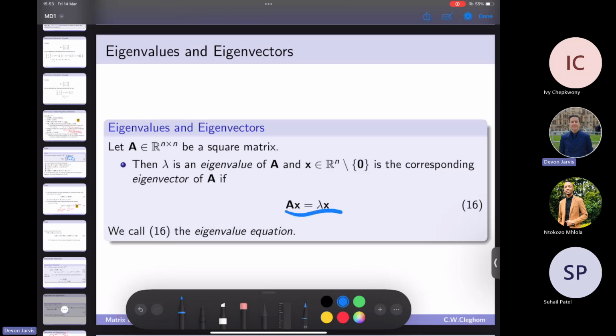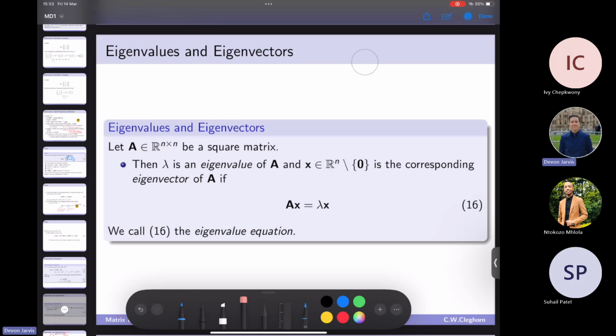What this is essentially saying is if I take some vector x and multiply A by that x, the ultimate thing that I get will just be the same as applying a multiple.